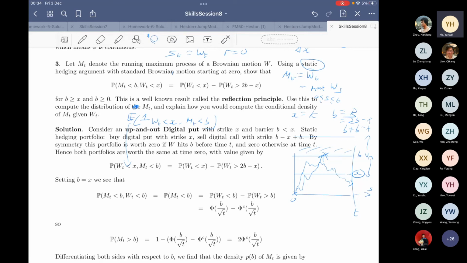It's just as likely you'll end up above that line as you will below that line. But because we've bought one thing and sold the other, they will both cancel each other out at the exact moment that you hit the barrier.